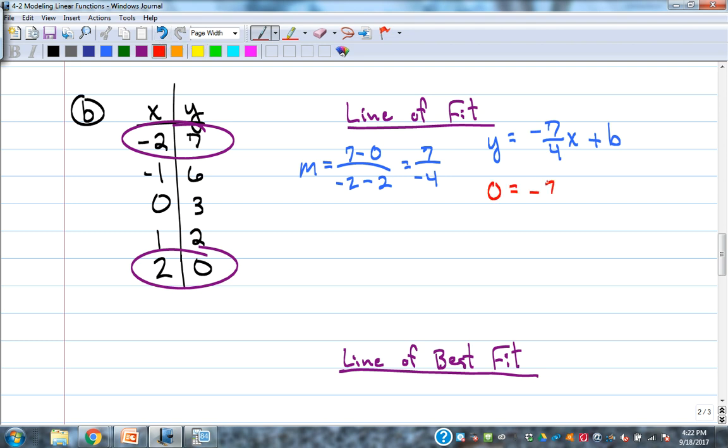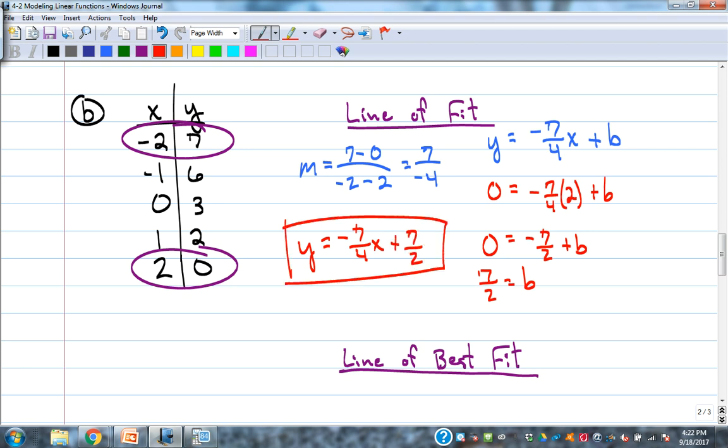It looks like it's got to be easier. The -7 over 2, and this would be +7 over 2 is my Y-intercept. So my line of fit is Y equals -7/4 X plus 7 over 2. We could graph that and we would see it crossing through those 2 points that we picked.